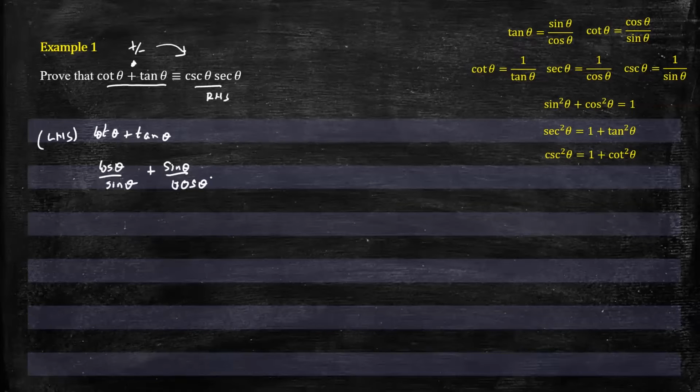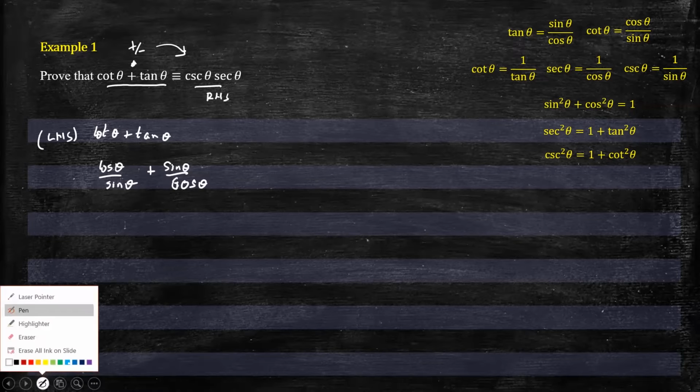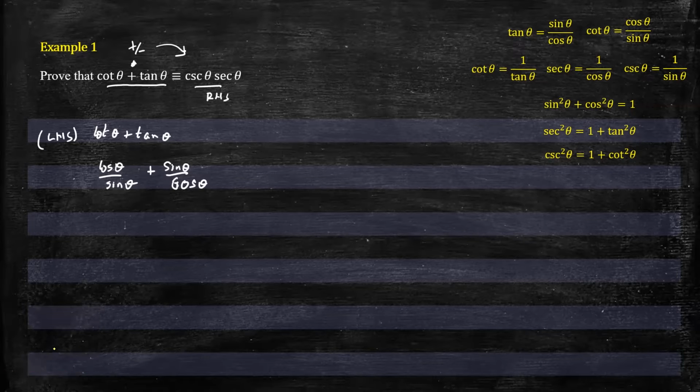So we can see we have a fraction now, and we can just treat these like normal fractions. So let's add them. So what we can do here, we want to get a common denominator, and we have sine theta, cos theta, which are different. So think about how we make those equal.